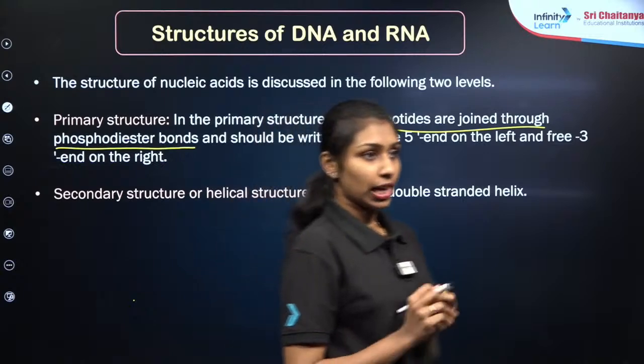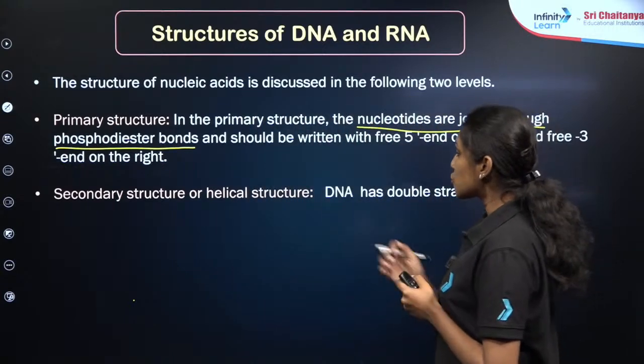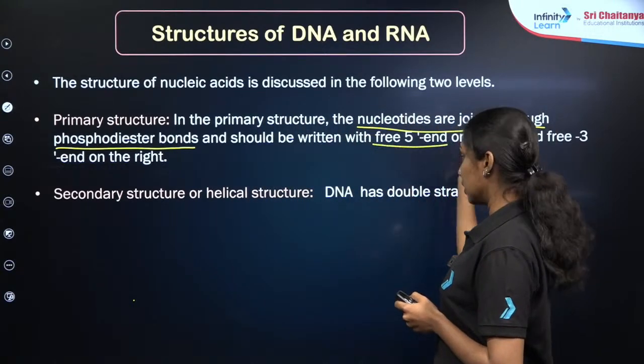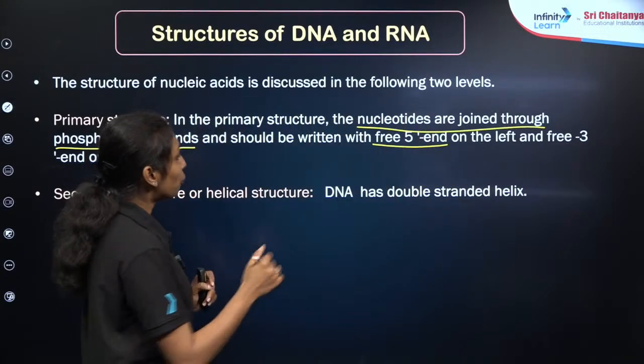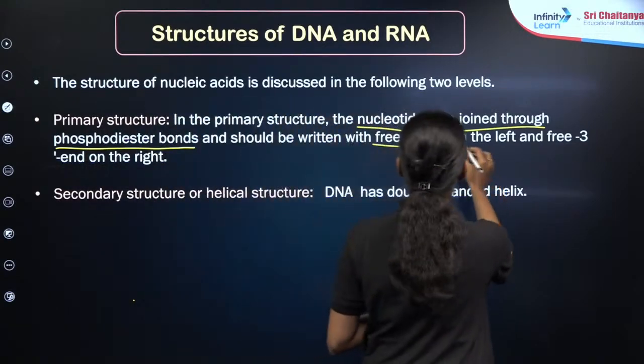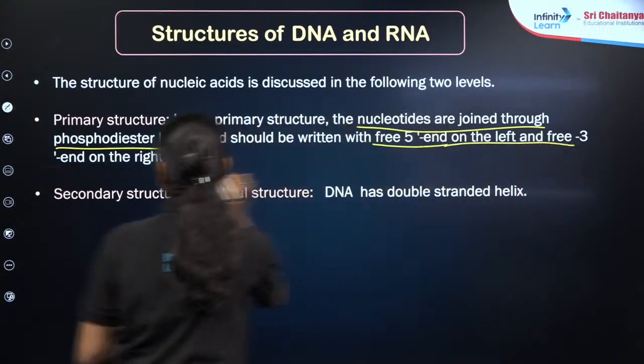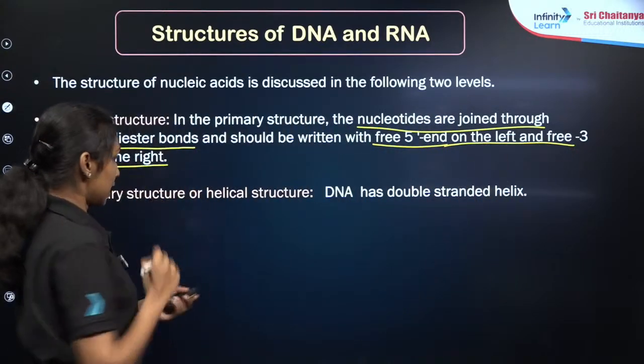In general, it should be written with the free 5' end. We will be writing the number of the particular carbons. So there will be the free 5' end on the left and the free 3' end on the right side. Let us see the structure in detail.